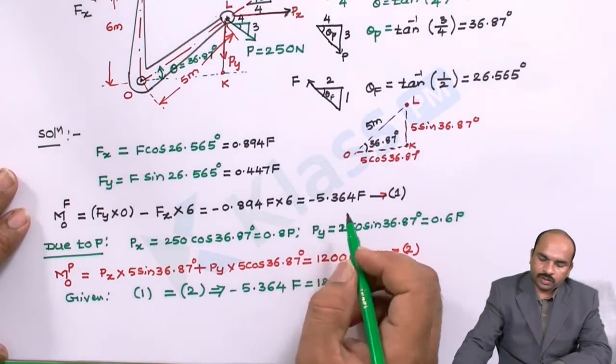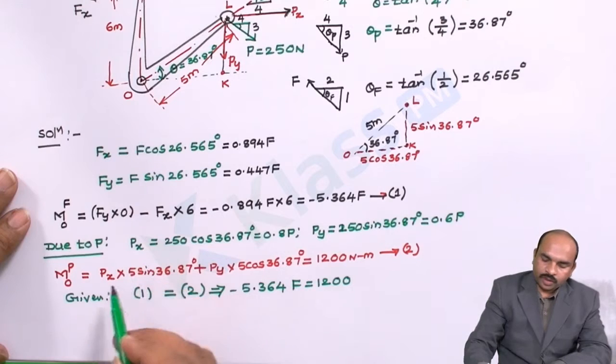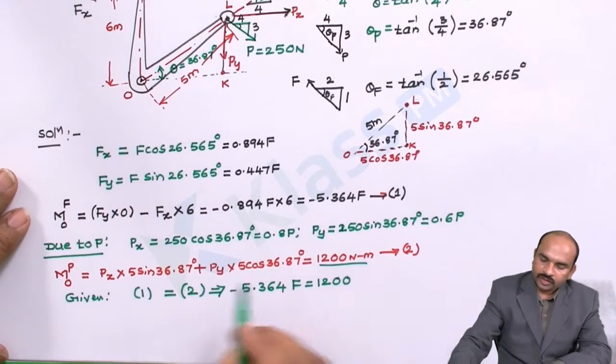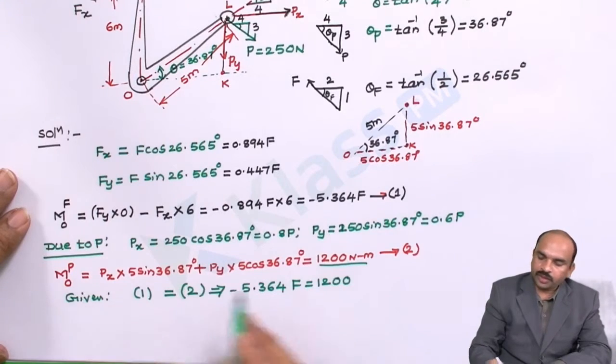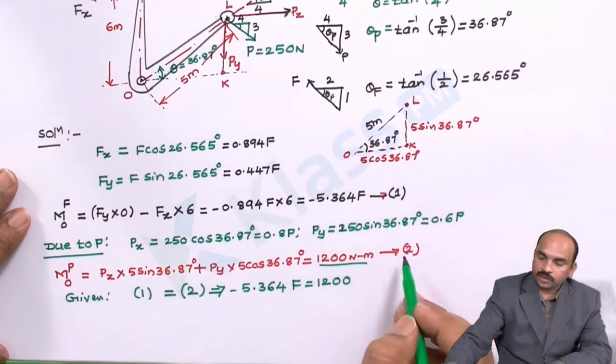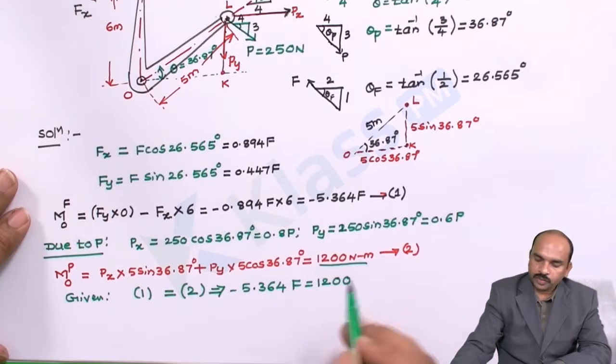We have substituted the Px value here, the Py value here, and we are getting the moment of P as 1200 newton meters.